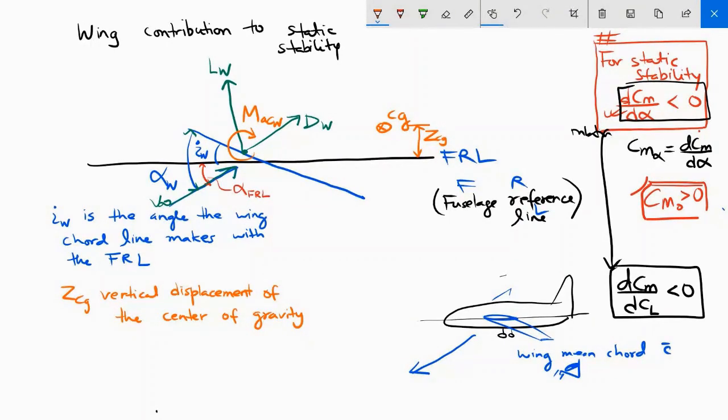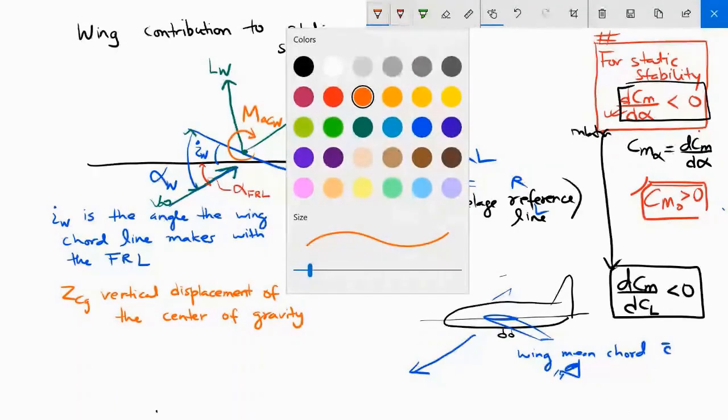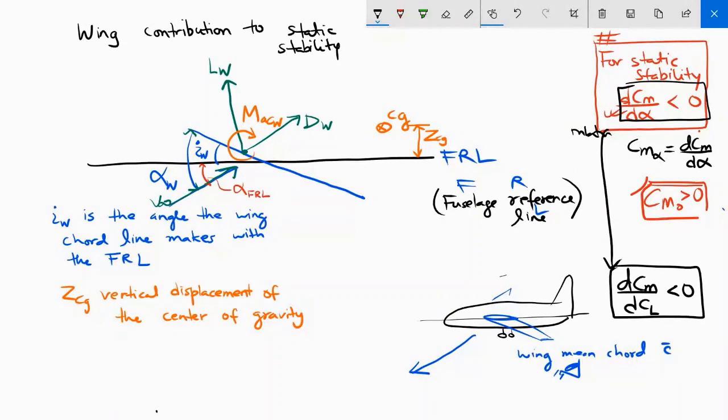All right, now there are a few other things we need to label here. The distance from the leading edge of the wing to the aerodynamic center of the wing is labeled as XAC, and the distance from the leading edge of the wing to the center of gravity is labeled as XCG.